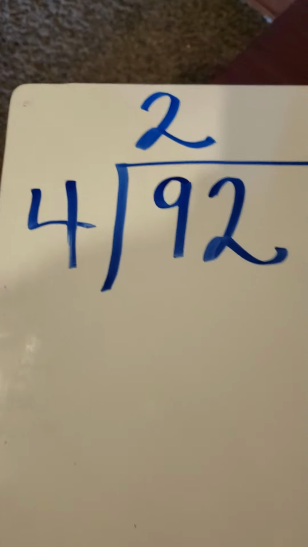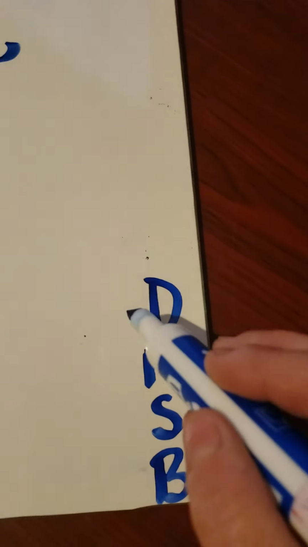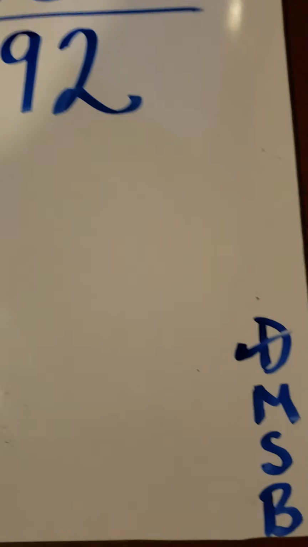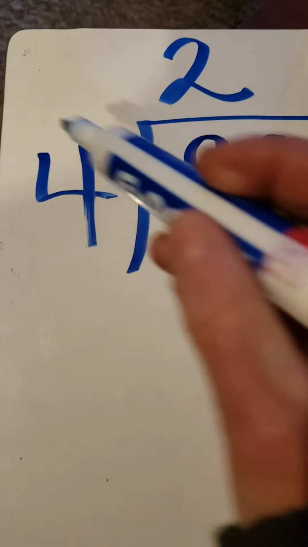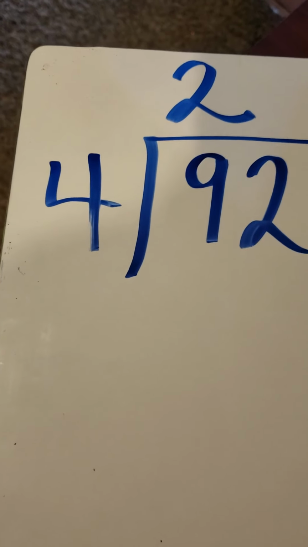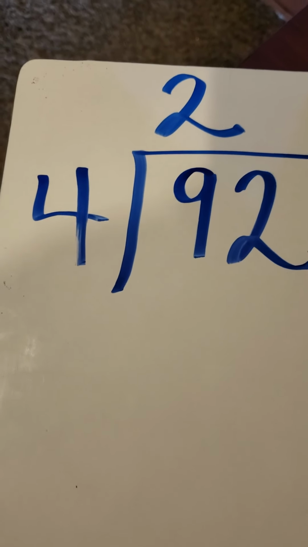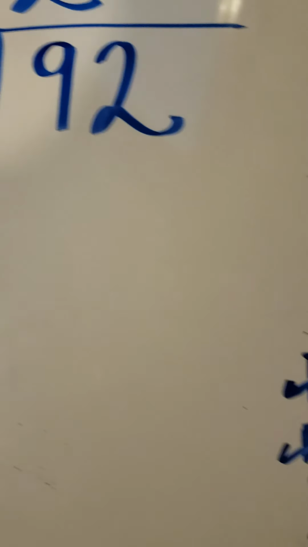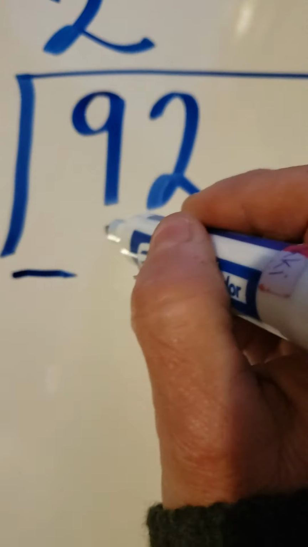So your divide step, 9 divided by 4 is 2. No, it's not perfect fit, but we'll get to that in a second. Now you're on your multiply step. What is 4 times 2? Well, we just counted by 4s 2 times to figure out that it was 8. So 4 times 2 is 8. There's our multiply step. And remember, our subtract step works really closely.